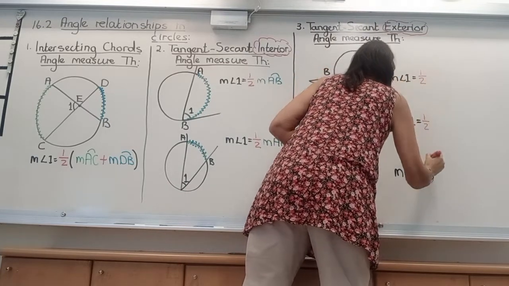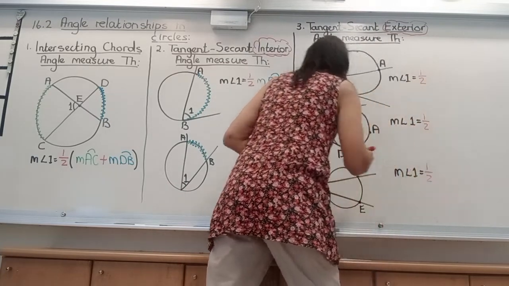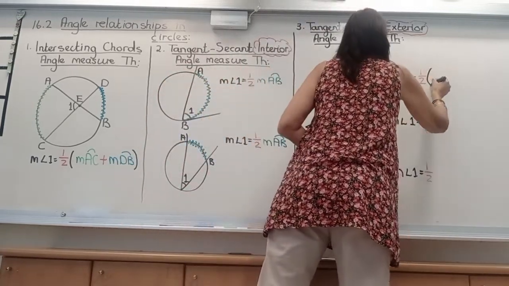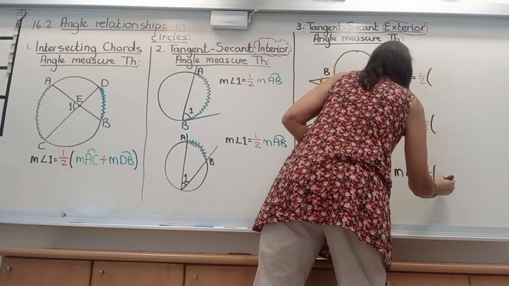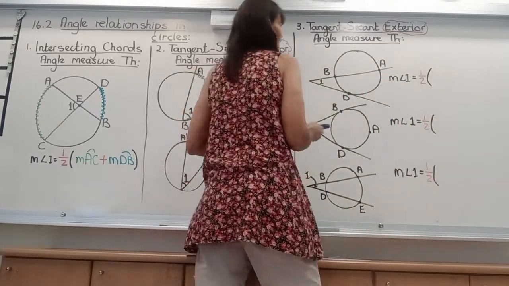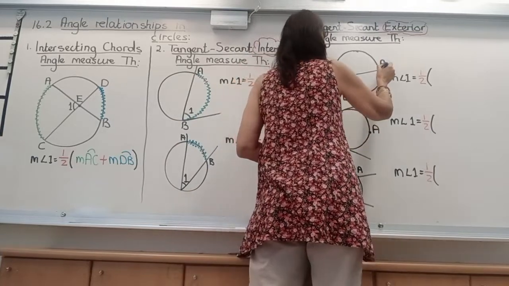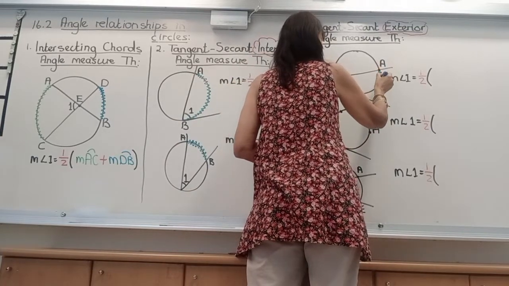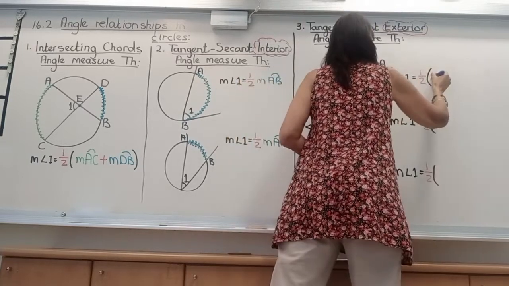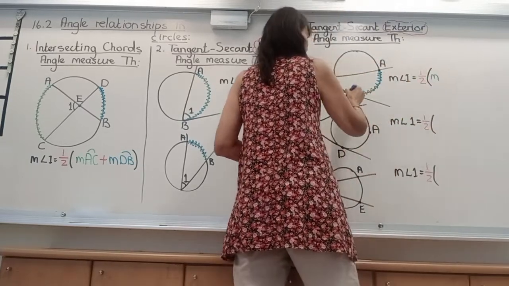Everywhere it's a half. So we don't forget about the half. And in this case, when it's exterior, let's take the first one. I have an arc again. So I'm going to start with this measurement of the arc from A to D.